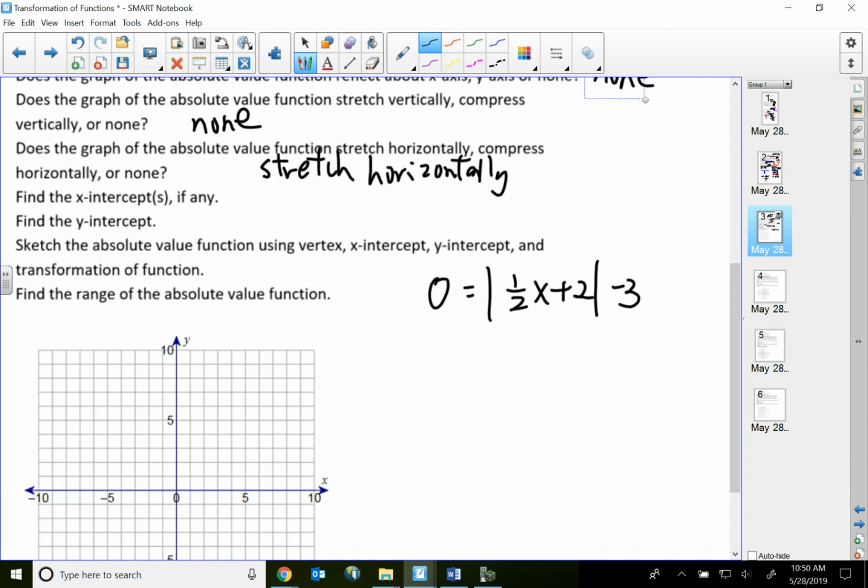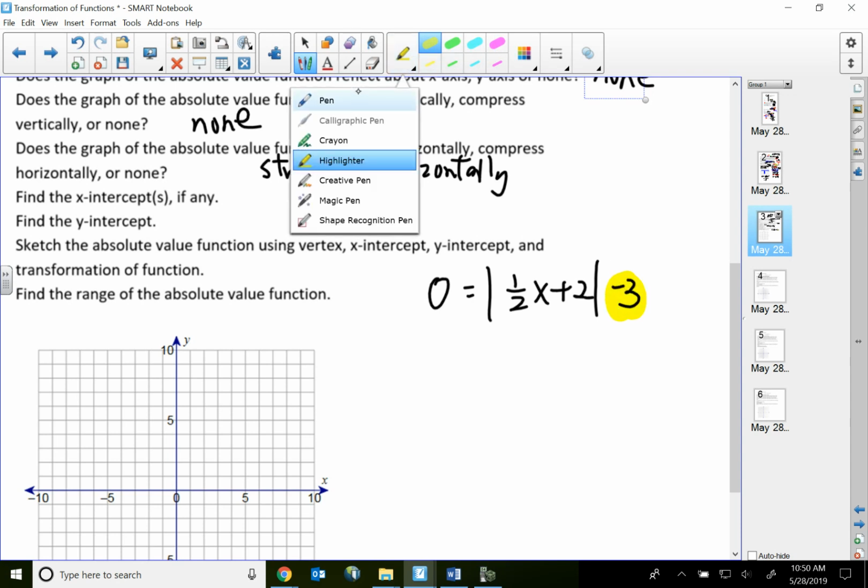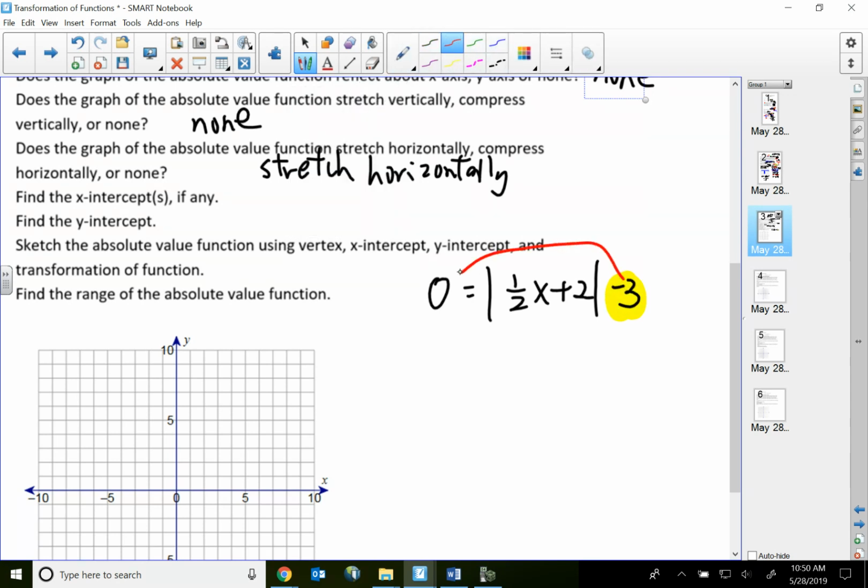Solve for x. If you took our Math 108, this is in module 9, solving absolute value equations. I need to isolate my absolute value term first, so I move my minus 3 to the left side. That's 3 equal to the absolute value of half x plus 2.